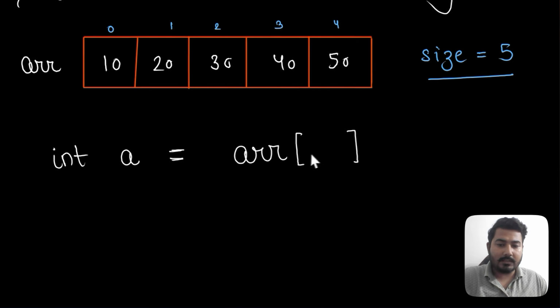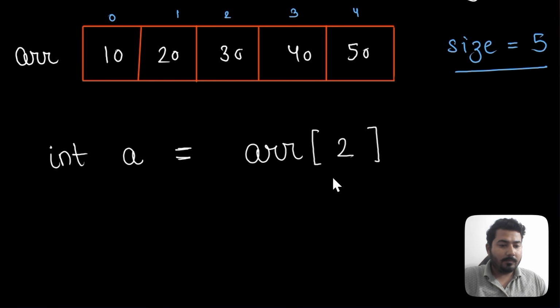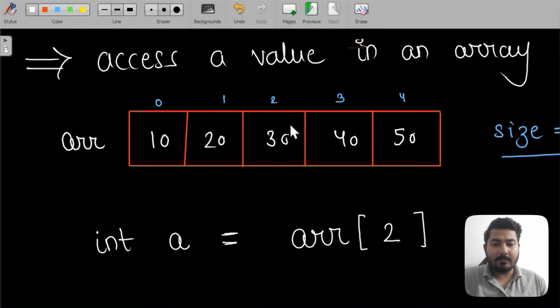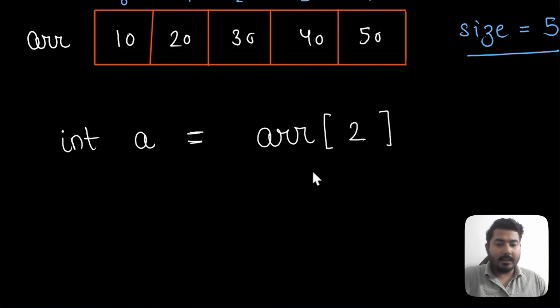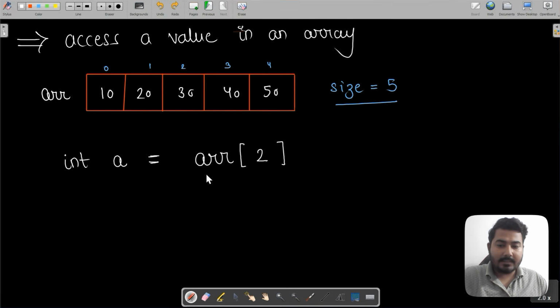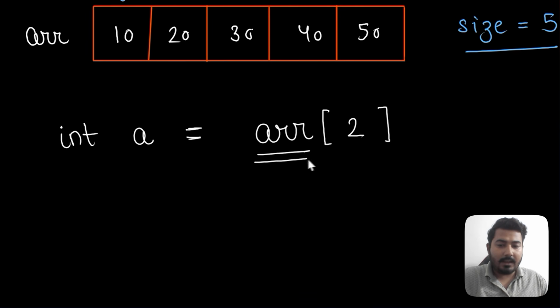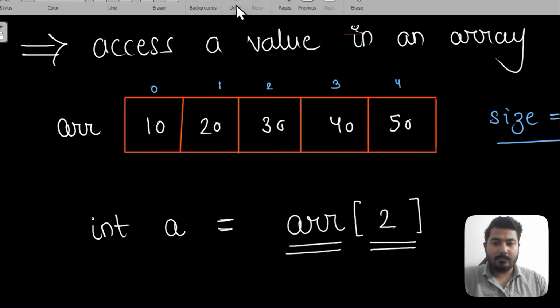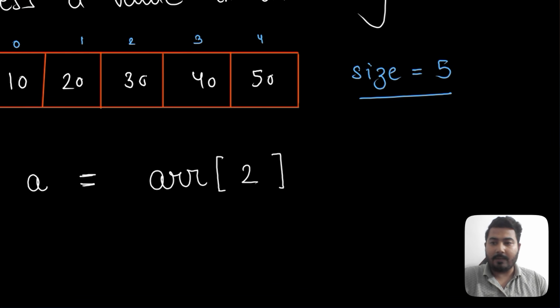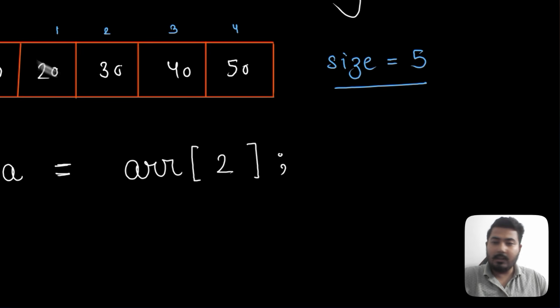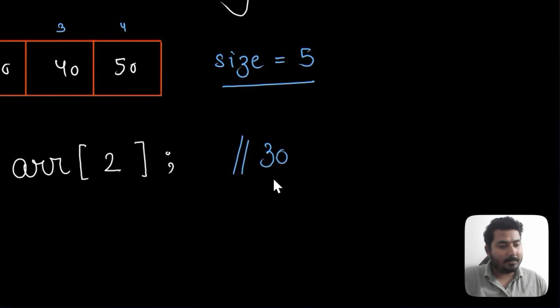Let's suppose I want to access 30. So I will simply say 2, and it will simply provide me the value 30. It is simply saying access whatever value we have in an array at index 2. So that is the straightforward command we have. Close it, and you know that it will be storing value 30. As simple as that.